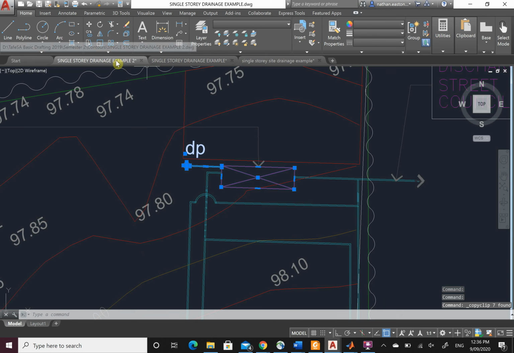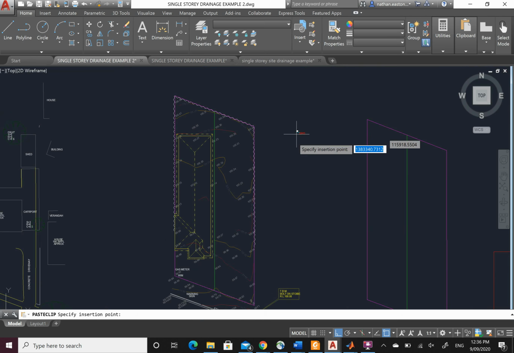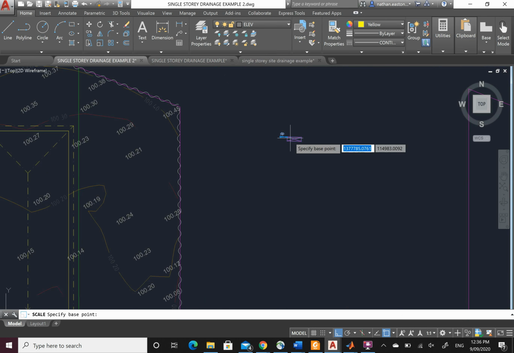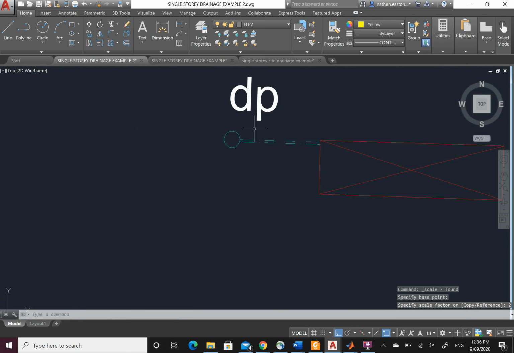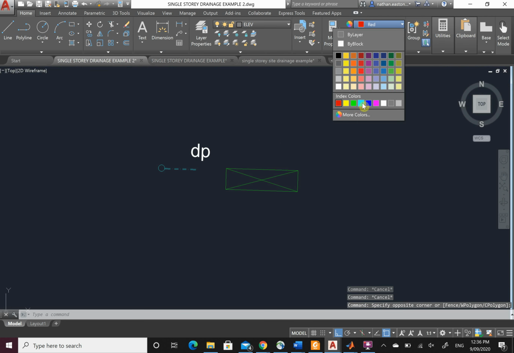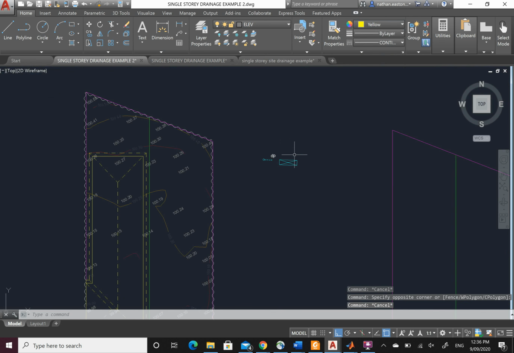Control C, Control V. Scale up by 2. Alright, so now that these are a bit nicer, let's make this blue as well. I will give you these into your drawing, so don't stress about that.